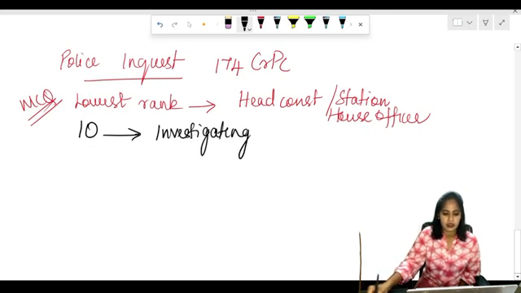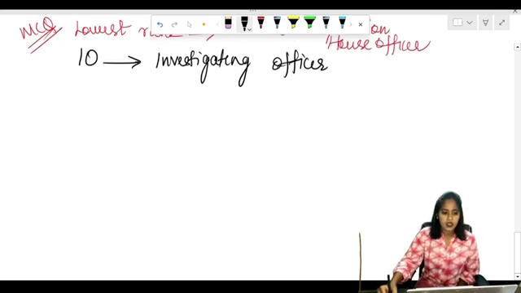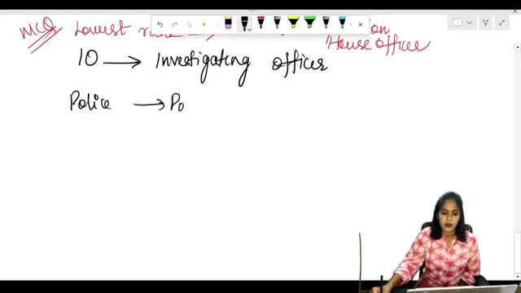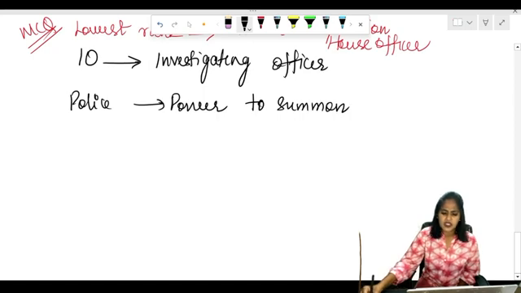So we know what the scenario is, what will happen, and how the police will conduct an inquest. While conducting an inquest, the police has a power to summon. In normal words, summon means call and question.